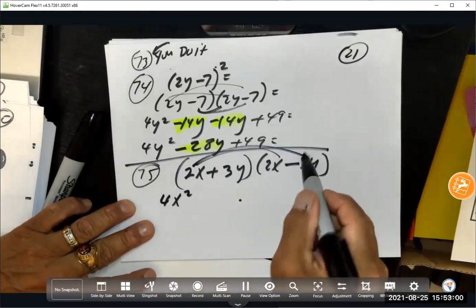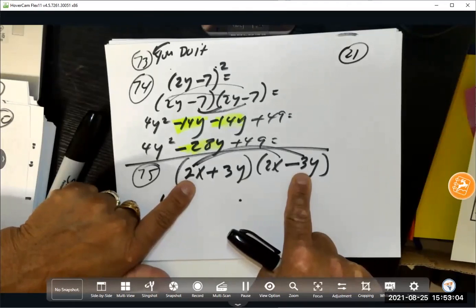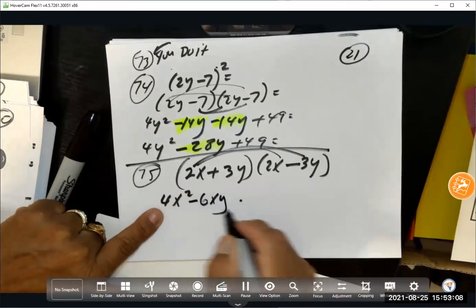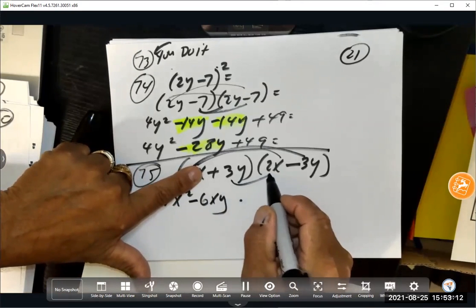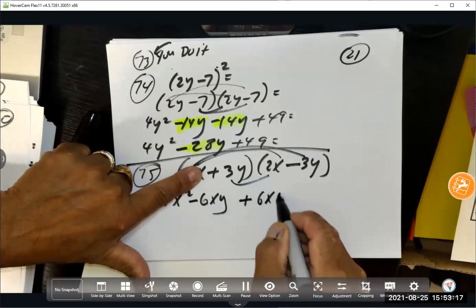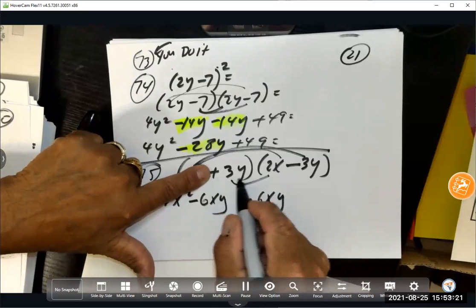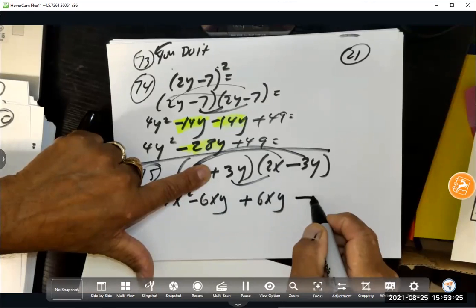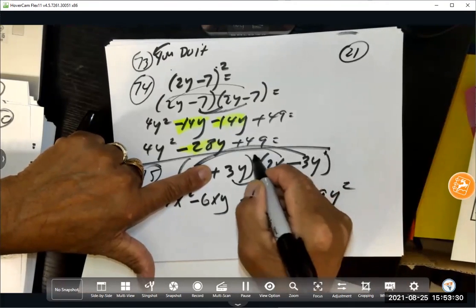What's 2x times negative 3y? Negative 6xy. And what's 3y times 2x? Positive 6xy, yes or no? Yes. The last one, 3y times negative 3y? Negative 9y squared.